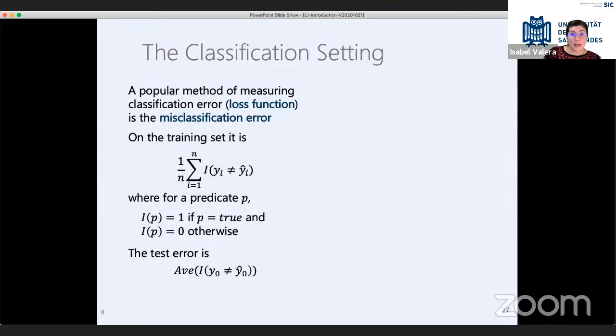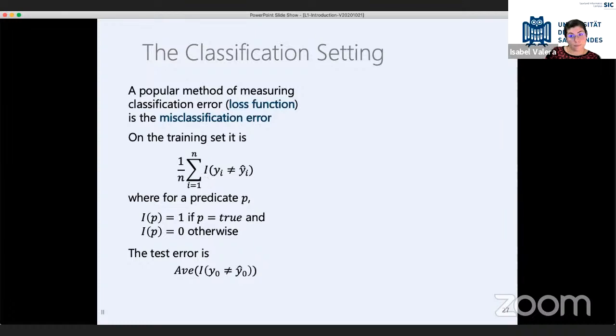So in general, what we consider in these classification settings is what is called the misclassification error, which simply is the average error that you make for every data point. In this particular case, we are evaluating in the training. And of course, this is an indicator function that sums up 1 whenever Y and Y hat disagree, and it is 0 if I did the right classification.